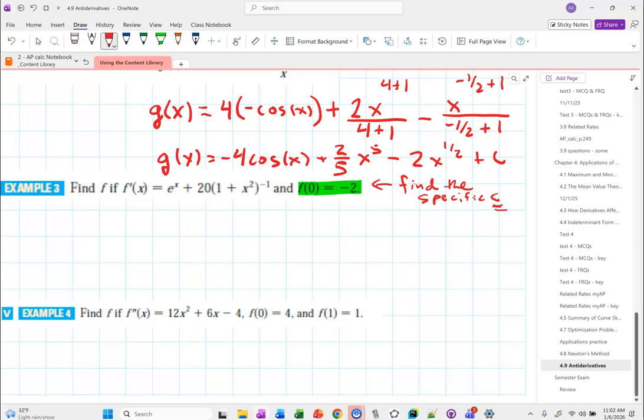So rather than writing this as f of x equals yada, yada, yada plus c, because we know one point on that original function, we can find the specific c for that original function. So this process changes almost nothing other than it adds one extra step at the end where I have to find the actual value for that c. Everything else remains the same, though.